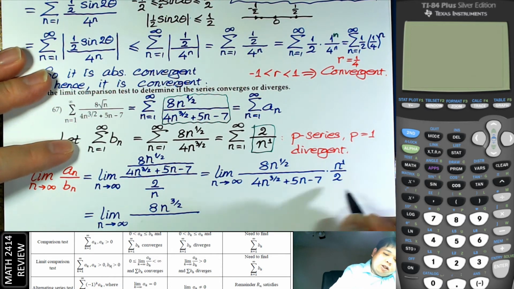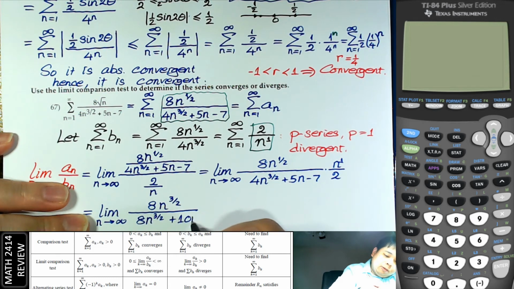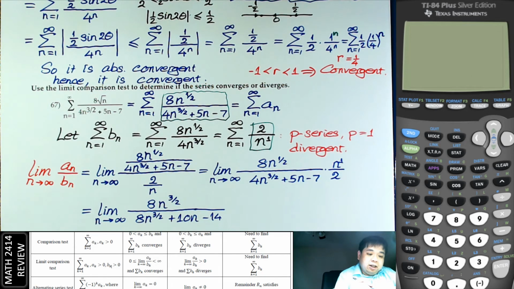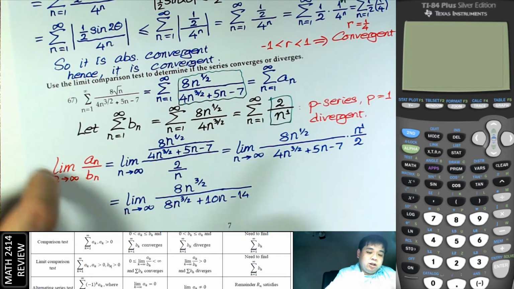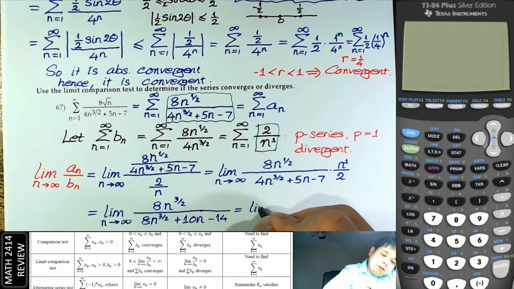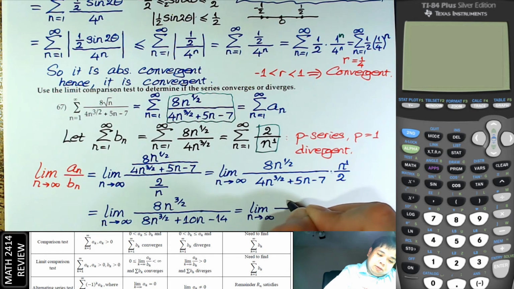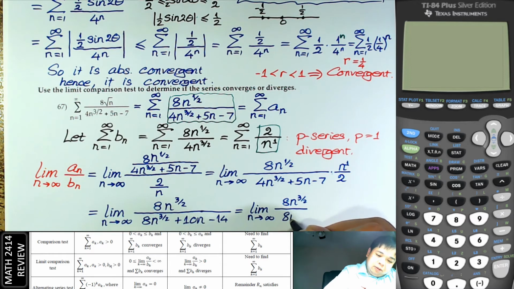And then multiply by 2 here. Right. Now we see that as n goes to infinity, n to the 3/2 has the highest power. So that goes to infinity the fastest. We don't really need the other 2 terms. So this is equal to 1.